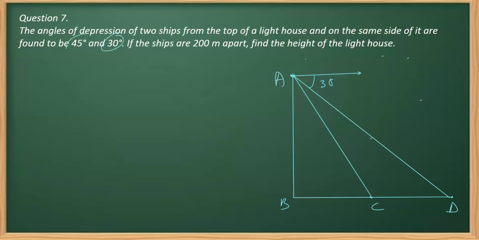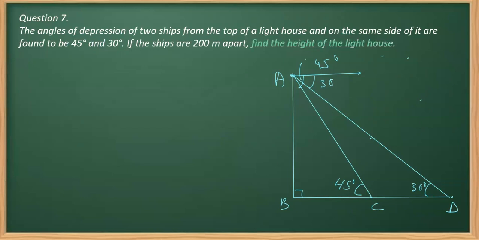The angles are 30 and 45, and this one will be 45 degrees. Now by applying the angle sum property, we can say this will be 30 degrees and this will be 45 degrees. You can also find out that the one closer to 90 degrees, C being closer to 90 degrees, will be greater.